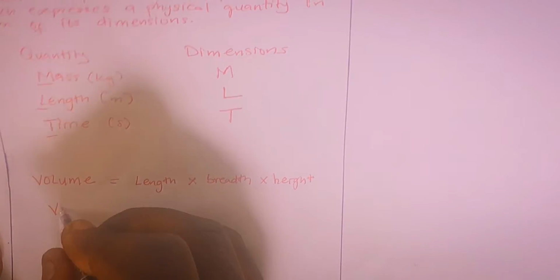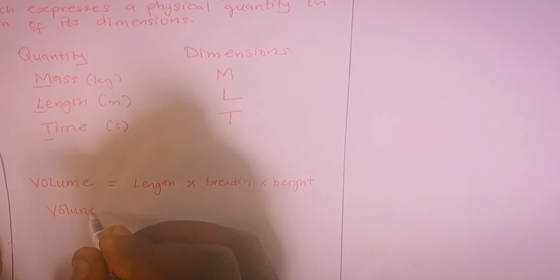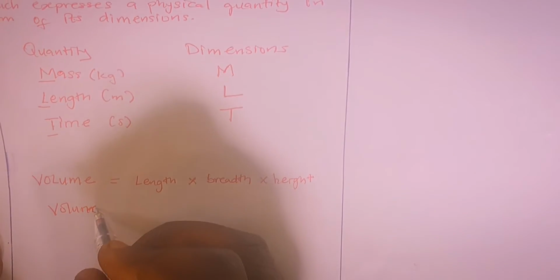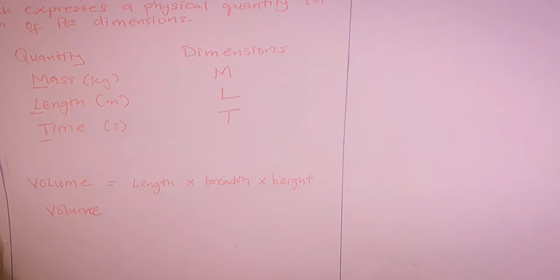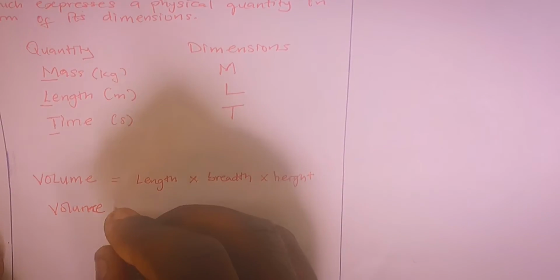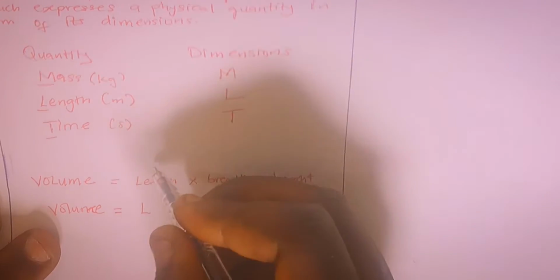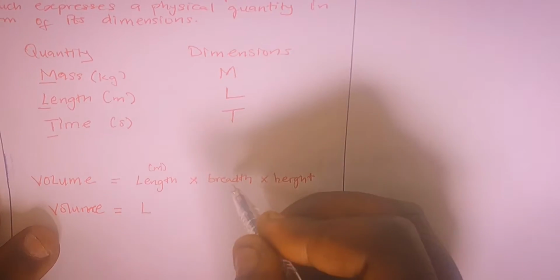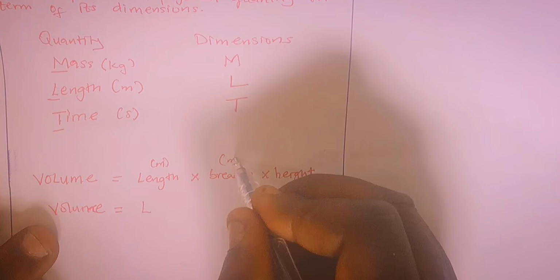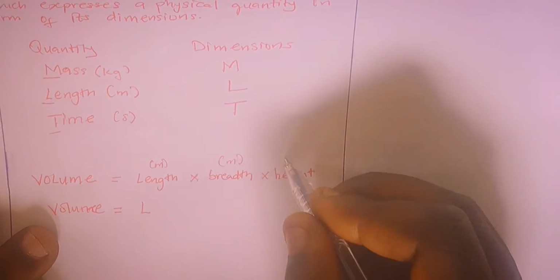Then what is the dimensional equation for volume? Length is in meter, breadth is measured in meter, right? Then height is measured in meter.